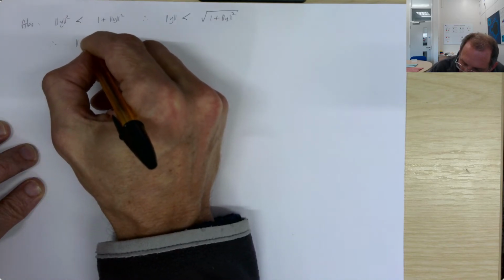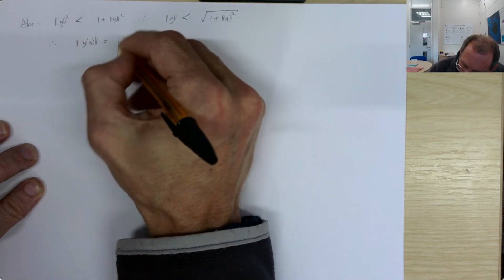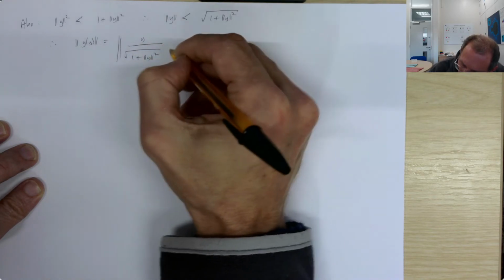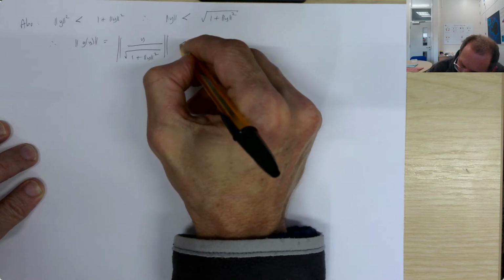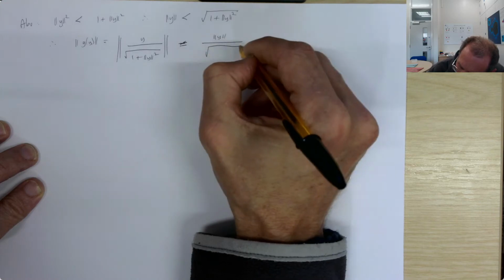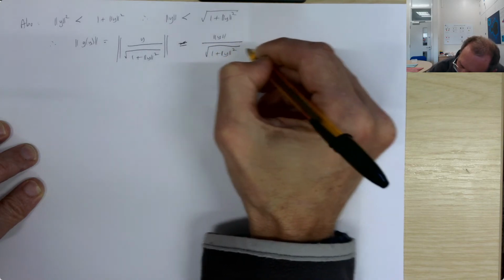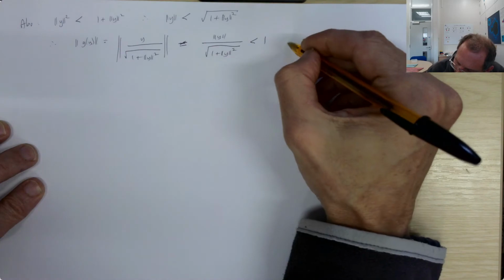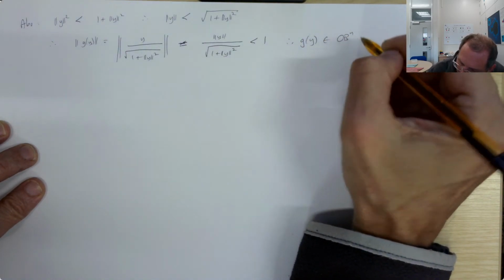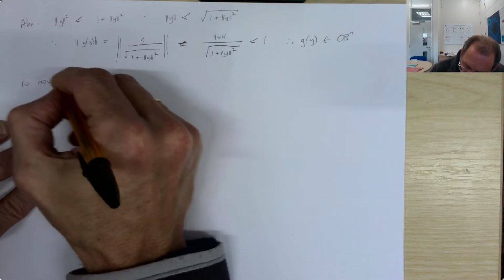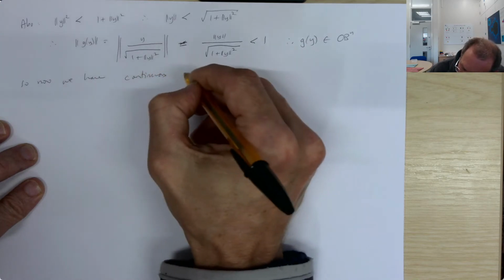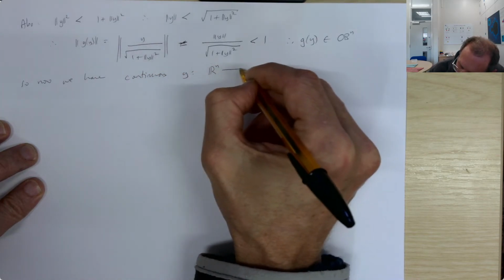So the norm of g(y), remember, is the norm of y divided by the square root of 1 plus norm y squared. So that's going to be less than 1. So that means that g(y) is in OBN. So now we've got a continuous G from Rn to OBN.